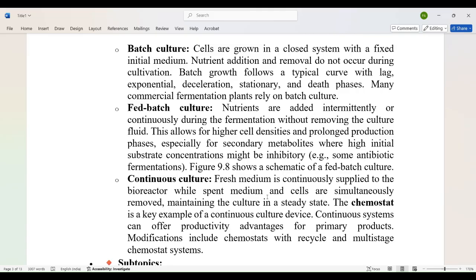For example, log phase, we can keep it as long as we want, or as long as it is desired. And these engineers are very smart and they already know for how long we can stretch a particular phase, and under what conditions there will be a shift of a particular phase out of the microbial growth curve, right? So this is it for fed batch culture.